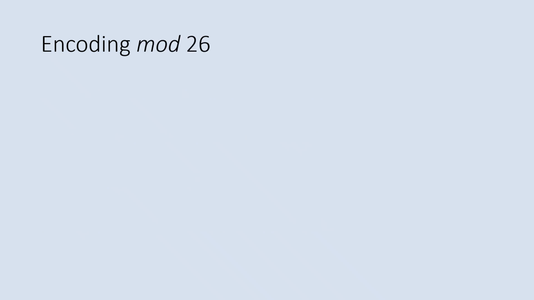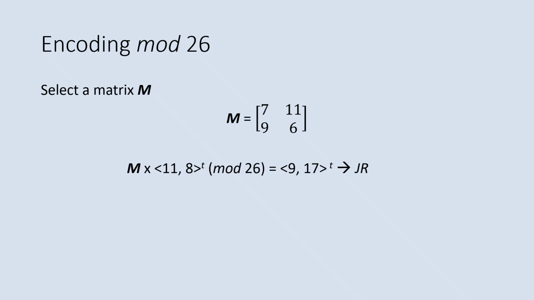So when we're encoding mod 26, let's say, we're going to select a matrix M. And so we're going to select a 2 by 2 matrix because we are going to encode blocks of 2. And so let's just make up a 2 by 2 matrix. So to encode, we will multiply the matrix by the vectors one at a time and do the calculations mod 26.